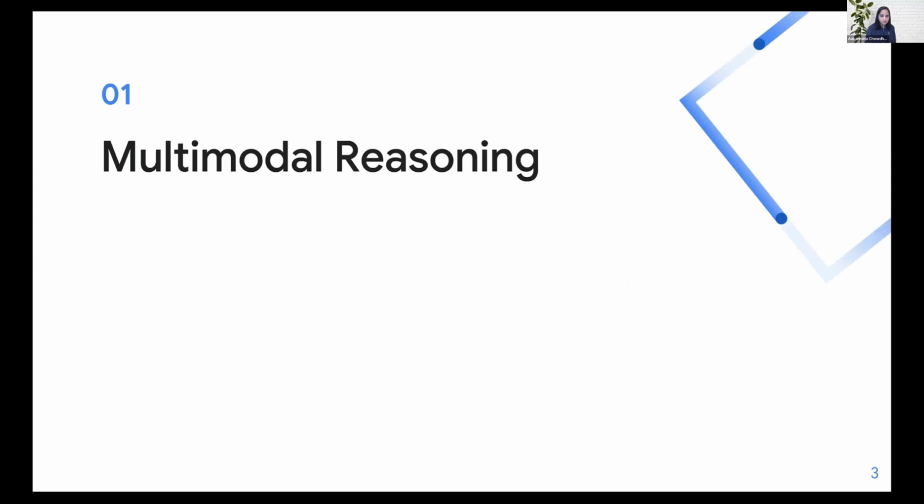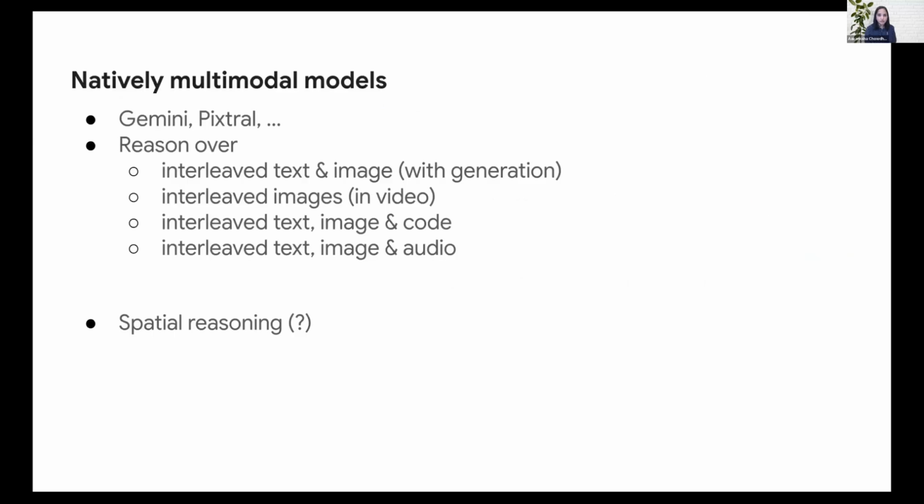So let's take a look at what it means to have multimodal reasoning in a model. Last year in December, Gemini was released, and more recently, Llama models and Pixtral models have showcased that they are natively multimodal.